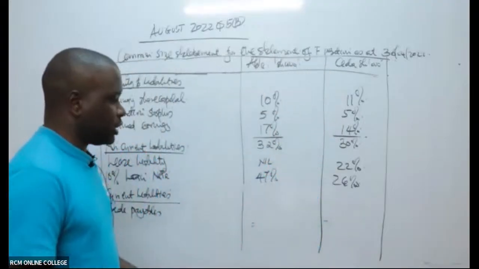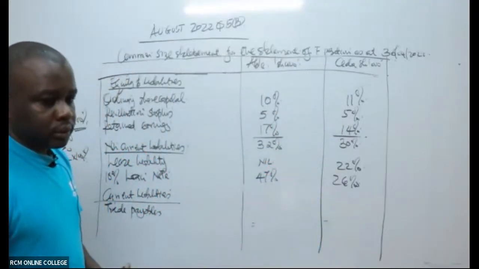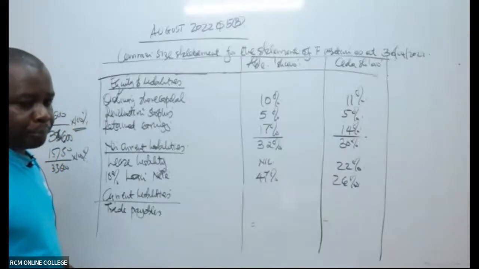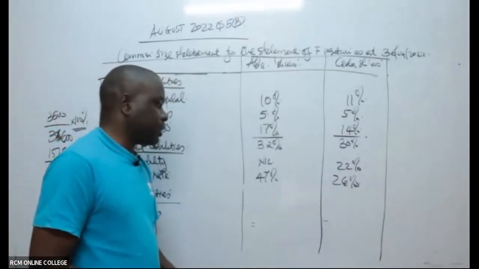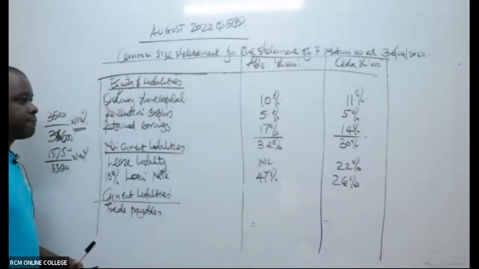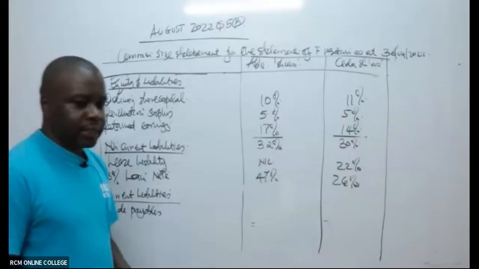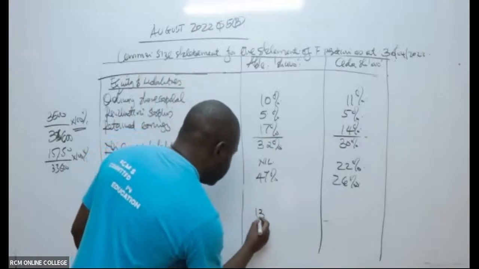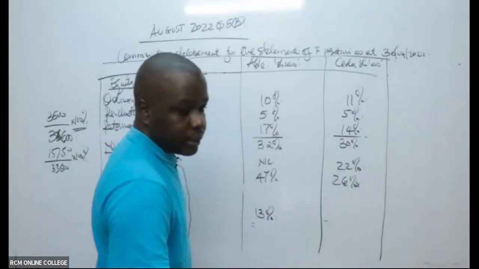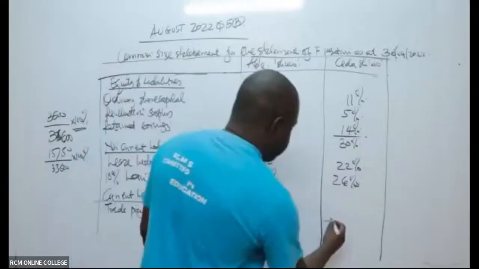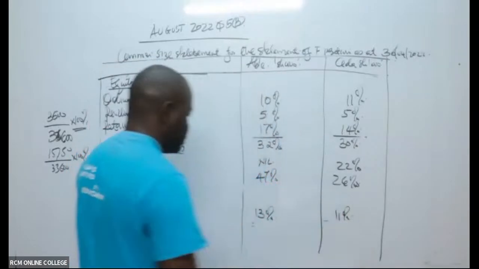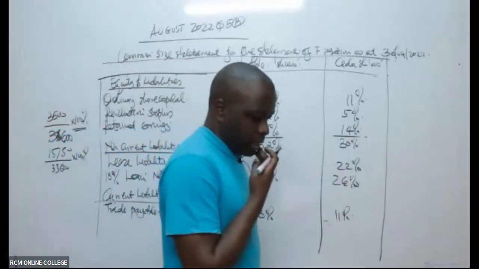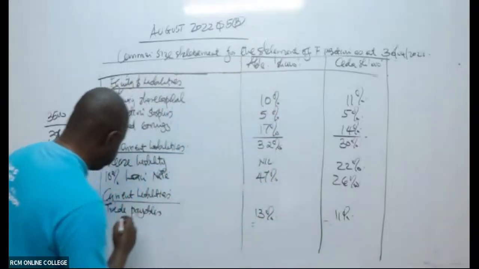I can see 13% and 11%. After trade payables, we have lease liability and current tax.